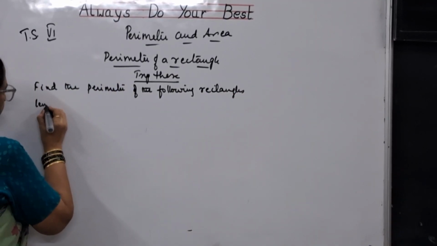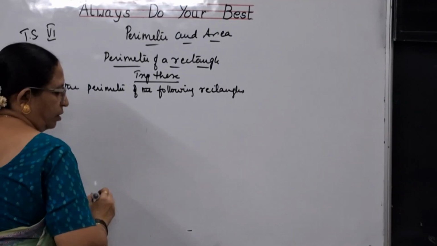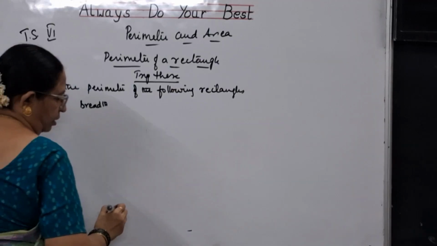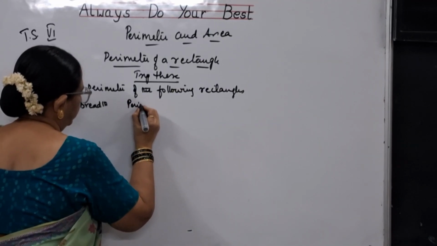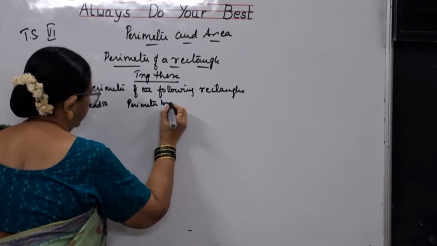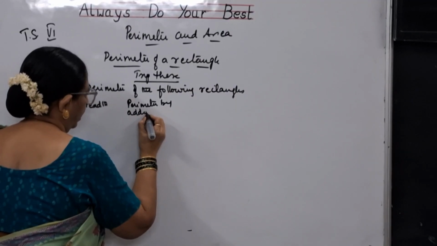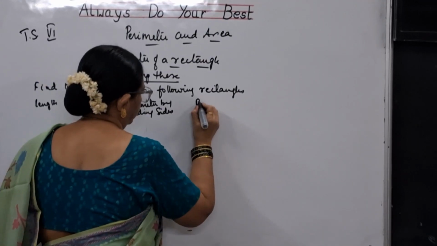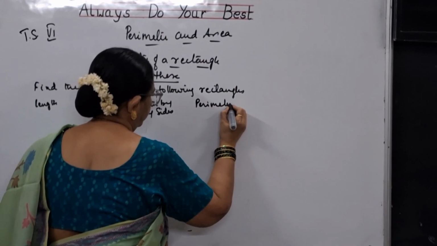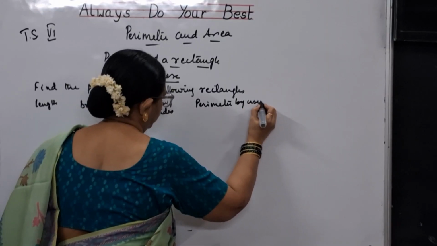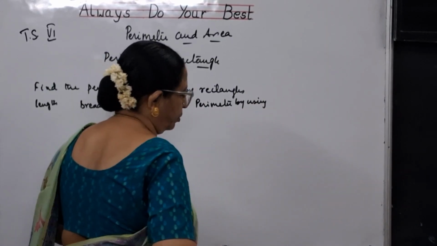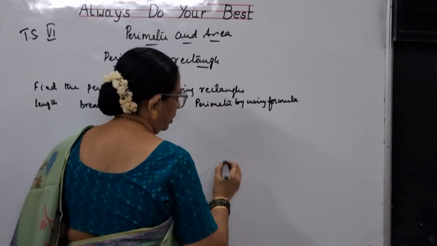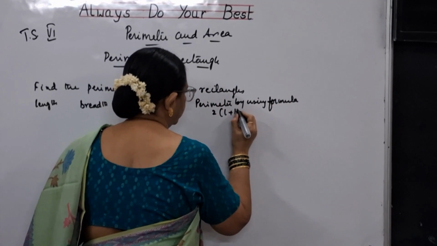First they have given length and breadth, and then the perimeter by adding sides, and the perimeter by using the formula. What is the formula? 2 into (L plus B).